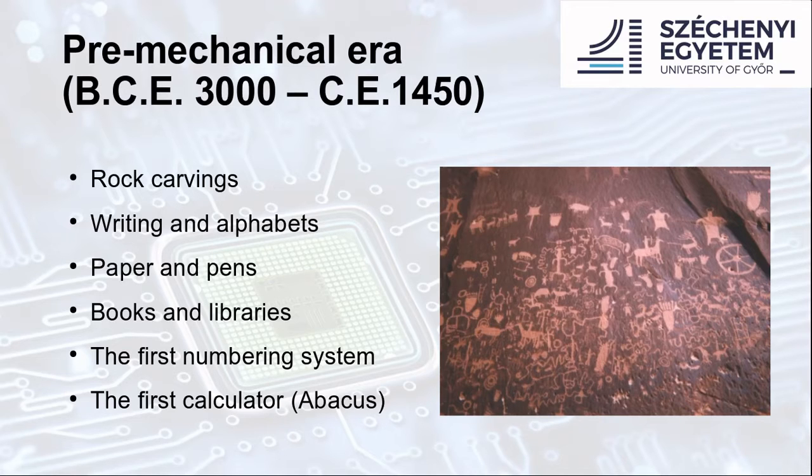The first paper in history was called papyrus and made by ancient Egyptians. And one of the most famous inventions of the pre-mechanical age was the abacus, whose exact origin is unknown, but it appeared in ancient Mesopotamia, Egypt, Persia, Greece, or Rome.